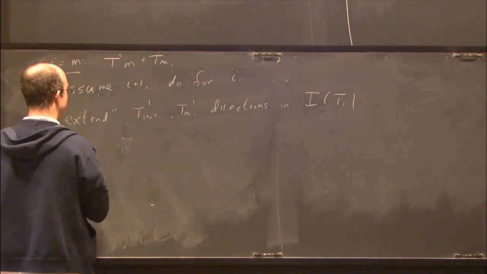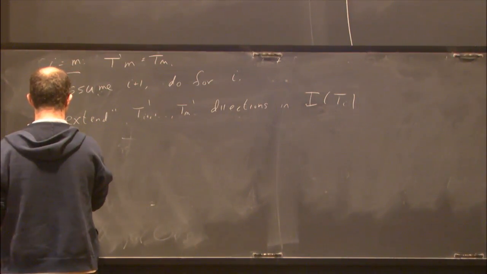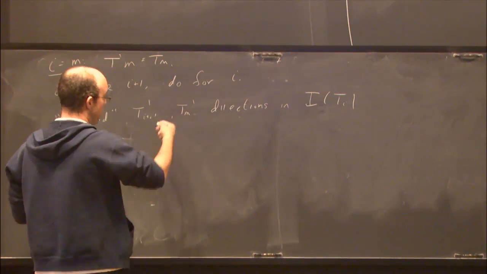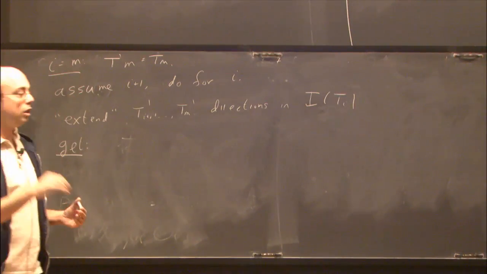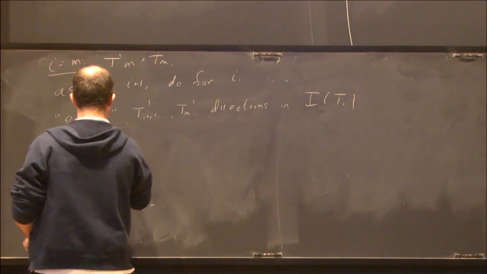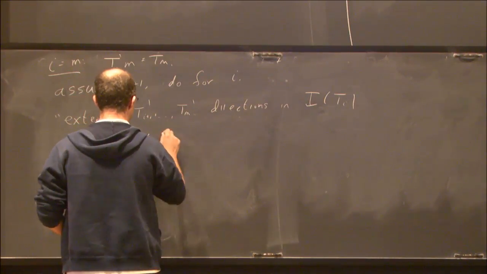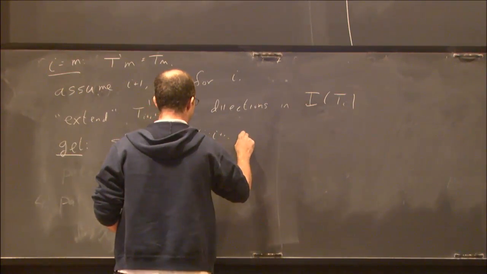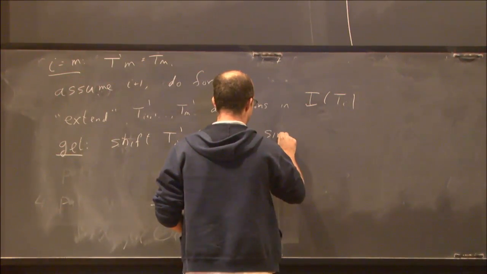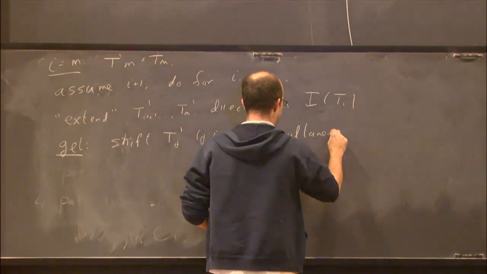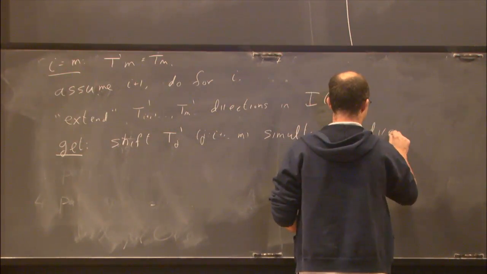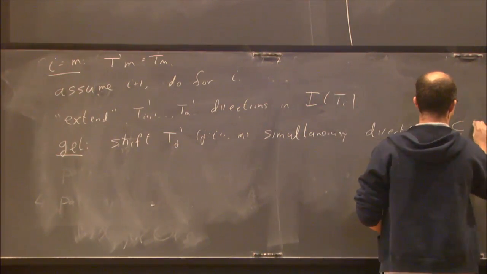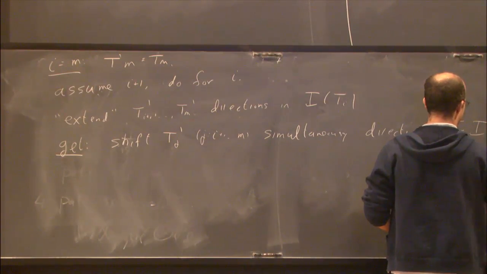So what are we going to get at the end? We get new trees. We shift each T'_j, where j is from i+1 up to m, simultaneously in some direction, let's say j' inside I(T_i).